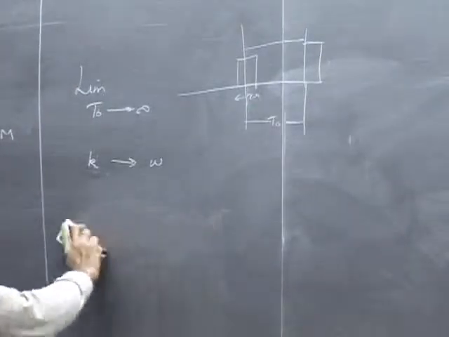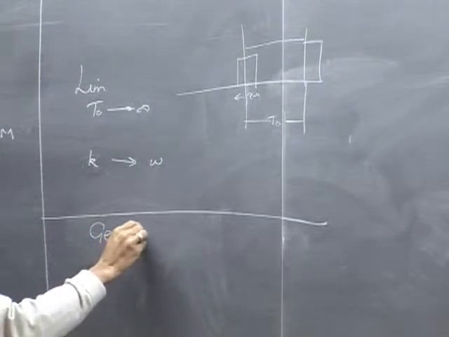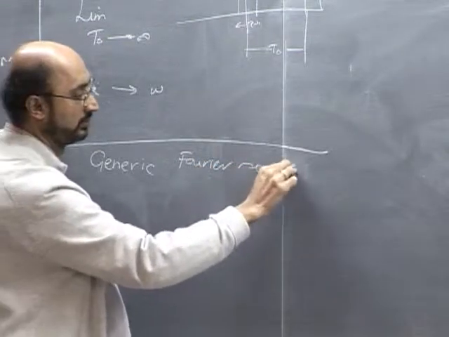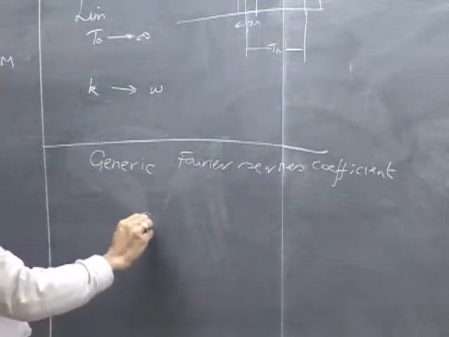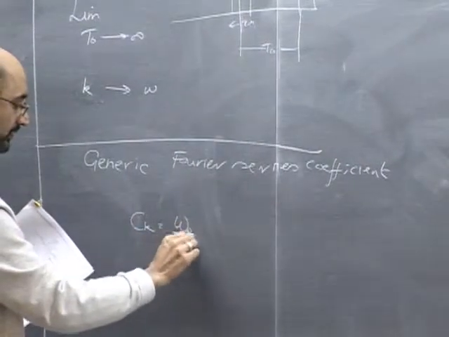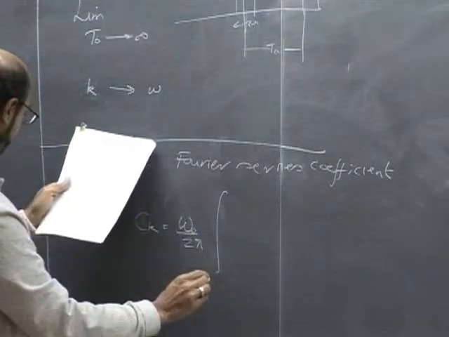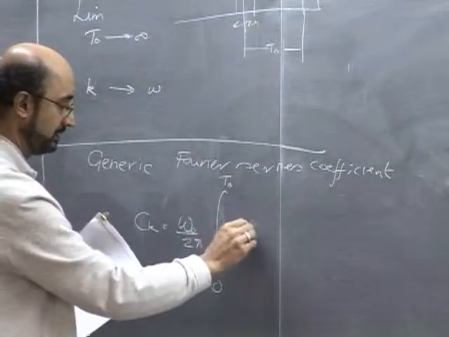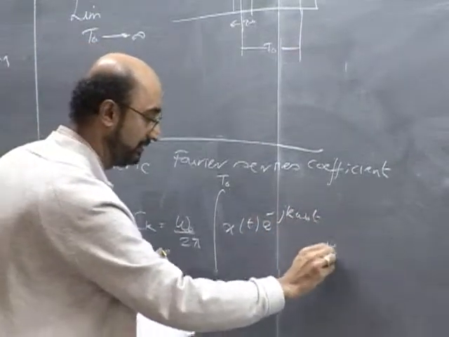So that's what happens. Let's look at the generic Fourier series coefficient. This is not for a pulse, it's for anything that you want. It's given by ck equals omega naught over 2 pi times the integral from 0 to t0 of x(t) e to the minus j k omega naught t dt.